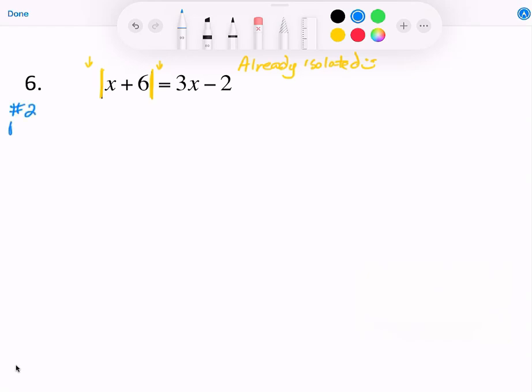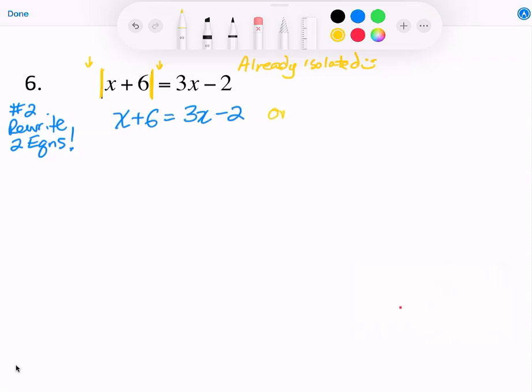So the next part, we're going to jump to step number 2. Step number 2 is rewrite or write 2 equations. So to rewrite that, the first one we're going to have, we drop the absolute value bars, and just rewrite everything on the right side as it is. That's identical. All that we did was drop the absolute value bars.